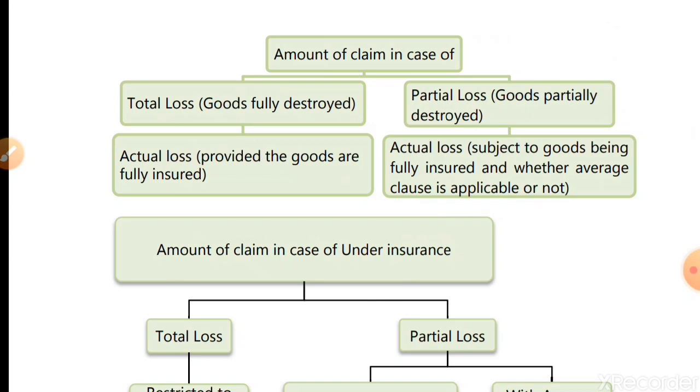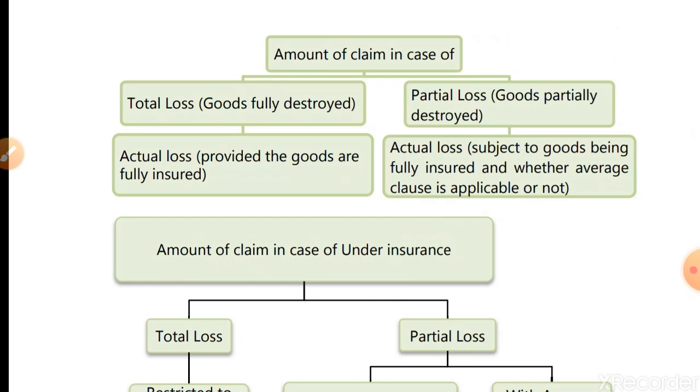The closing stock is 2 lakh, is what you said while taking it. So for our 1,50,000 closing stock, your policy amount also fully covers it. So provided the goods are fully insured, in such a case the actual loss you have will be your amount of claim.